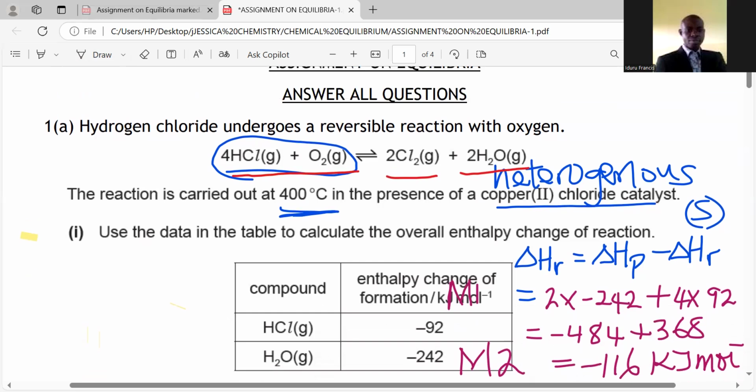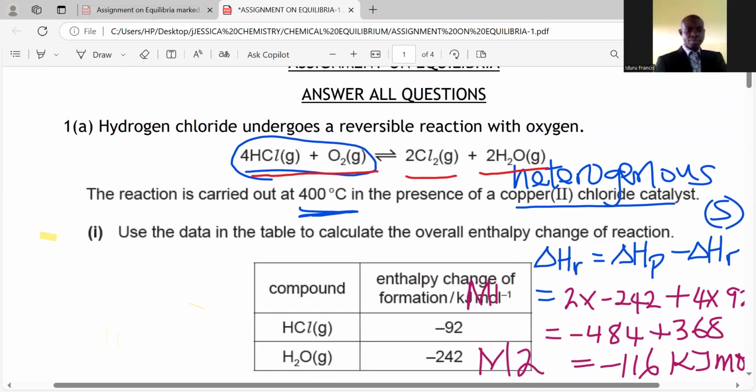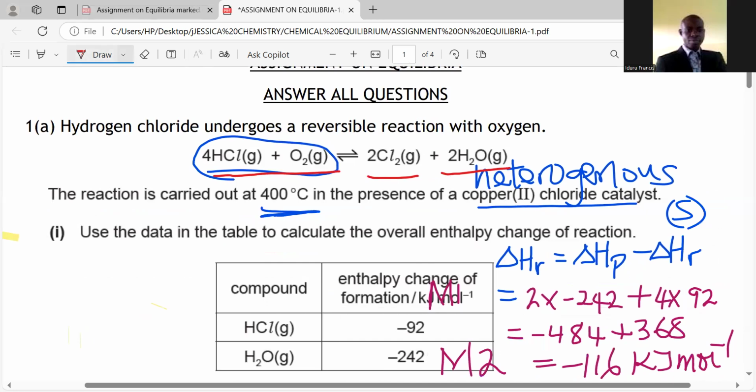Now, the copper(II) chloride is a heterogeneous catalyst because the catalyst is in solid phase, while the reactants are both in the gaseous phase.